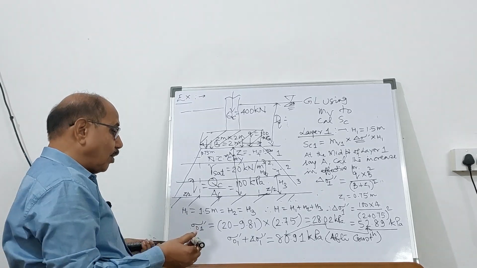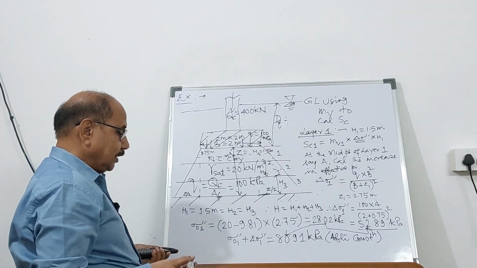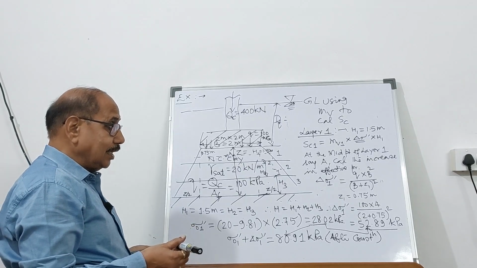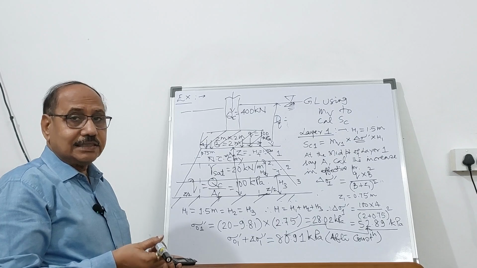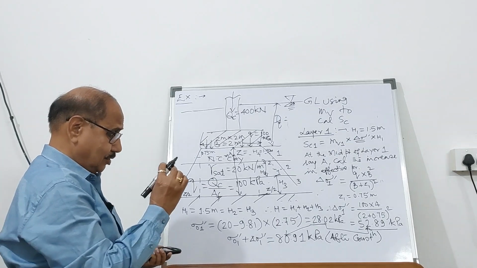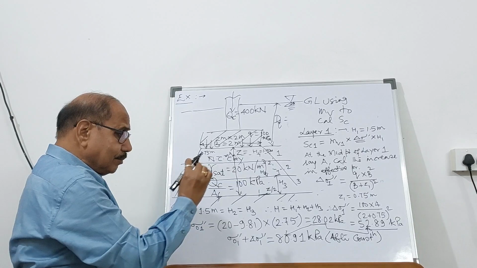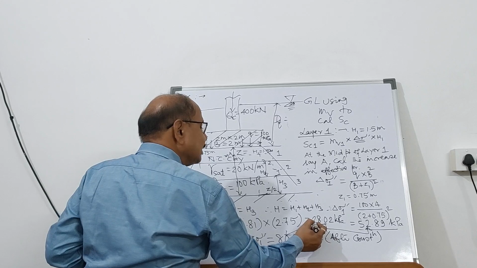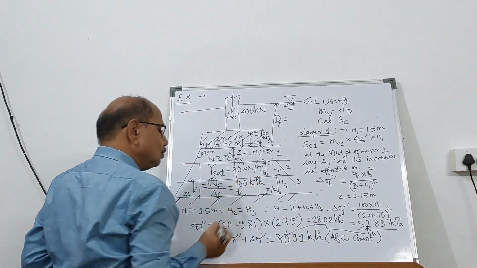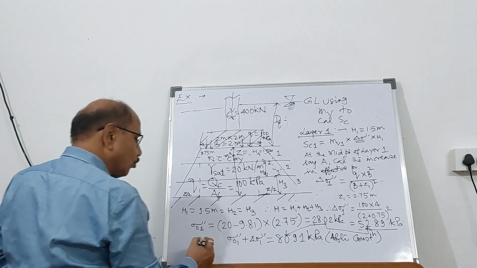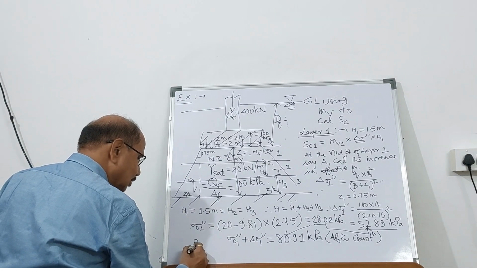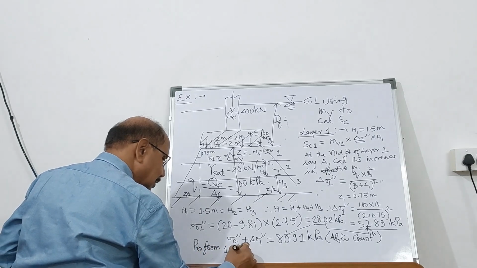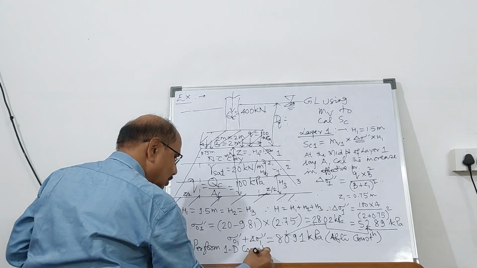So you will have to perform the one-dimensional consolidation test, because mv is not unique like Cc. It is for a particular pressure range. So you should increase the pressure from 28 to 80.91 in the one-dimensional consolidation test. So perform the 1D consolidation test.